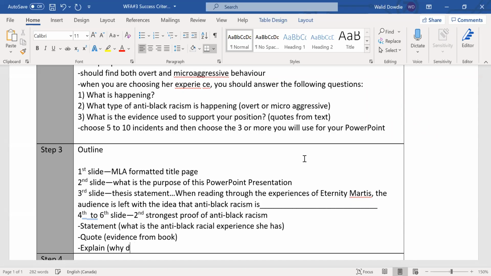Why does the evidence, why does the quote, sorry, prove the statement?